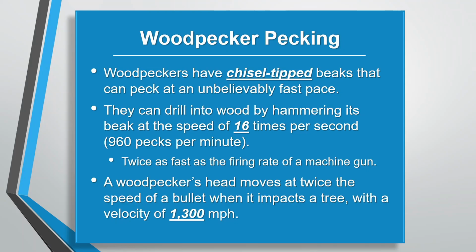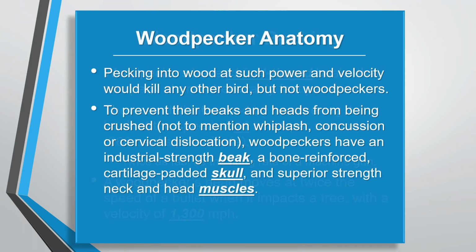Not only that, a woodpecker's head moves at twice the speed of a bullet, with the velocity of its head being 1,300 miles per hour upon impact with a tree. Folks, this bird's head is really moving when it drills into a tree trunk. Pecking at wood with such power and velocity would kill any other bird, but not woodpeckers.